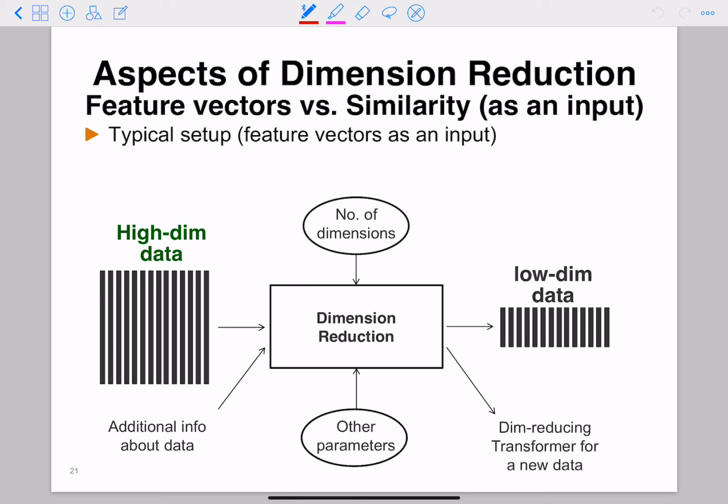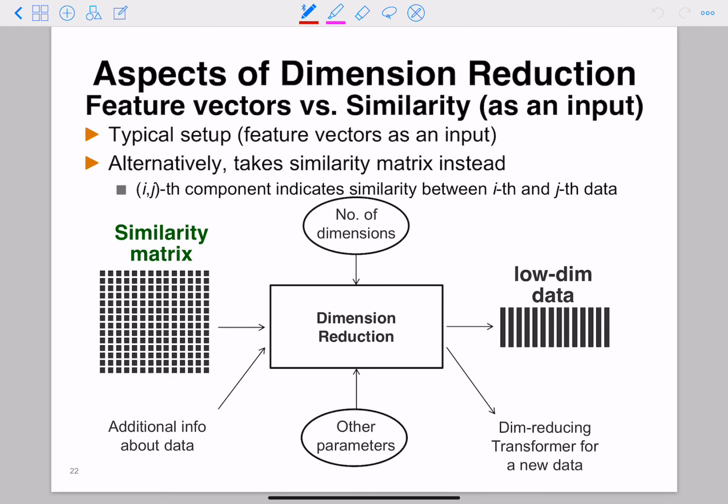Also, another perspective is whether it takes a feature vector representation or a similarity representation. In the case of clustering, K-means takes the feature vector representation, and graph-based clustering methods such as spectral clustering and maybe affinity propagation take the similarity matrix as an input to perform the clustering.